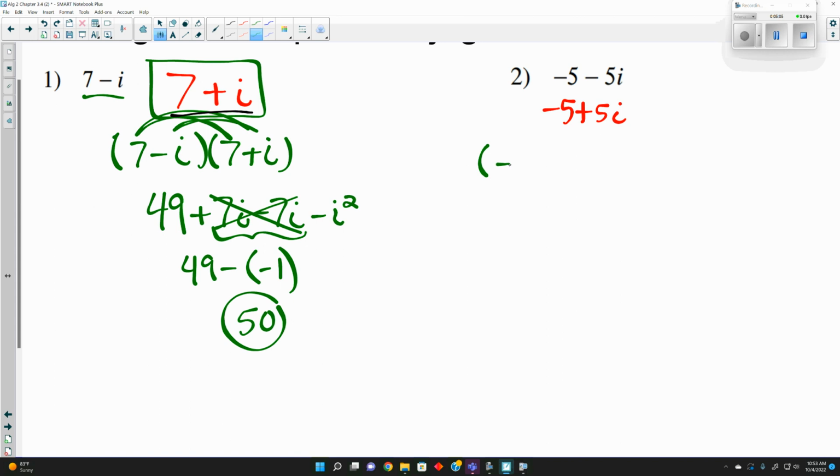So their product is 50. And that's what's nice here: when we multiply the conjugates together, the i terms will cancel out, and we would just have a real number. Questions on any of this here? Are we ready for the next part?